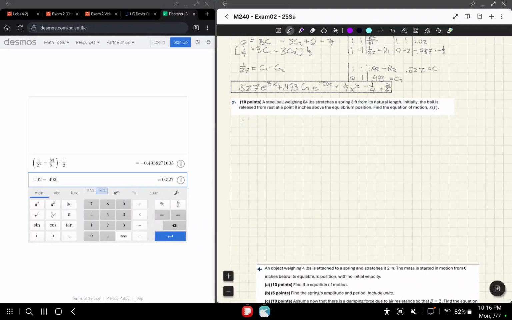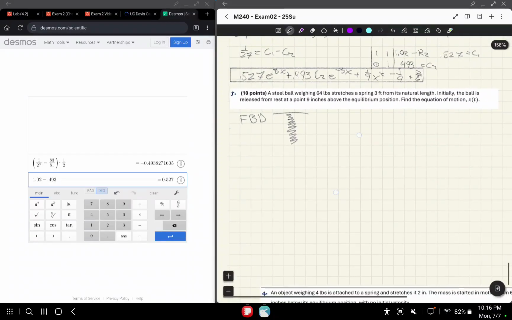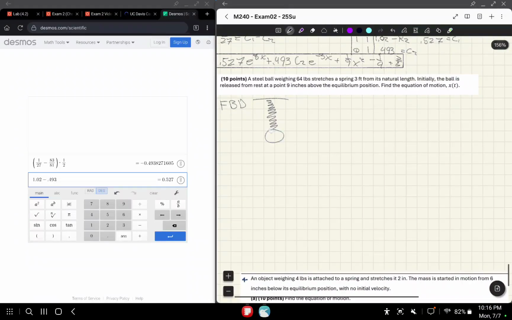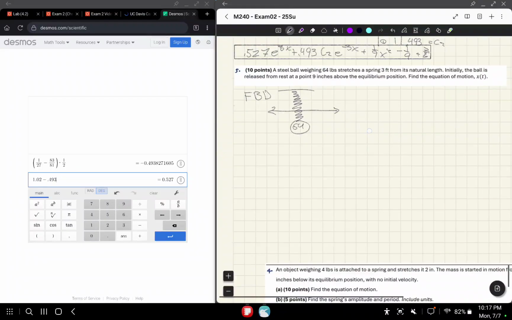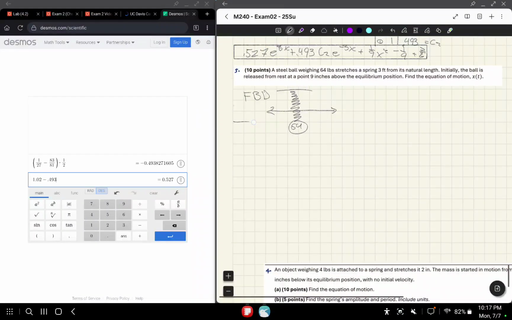So here we have, let's do a free body diagram so we know what we're doing. We have a steel ball, 64 pounds. And this is the equilibrium, so it's resting right here. This is the condition when the ball is on the spring.